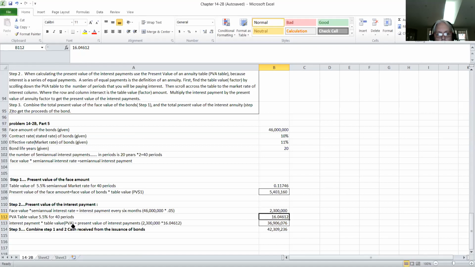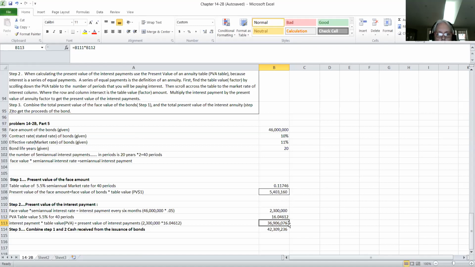That table value times the interest payment is going to give you the amount of the present value of the bond interest payments. The present value of the bond interest payments is $36,906,076. The final step is to combine step 1 and 2.